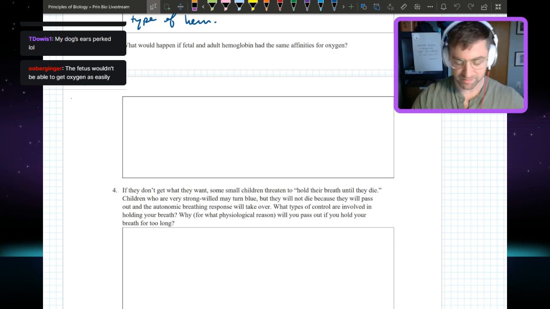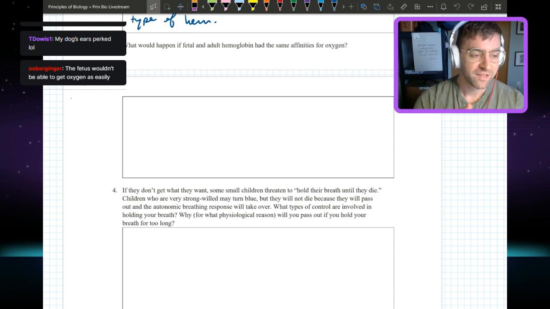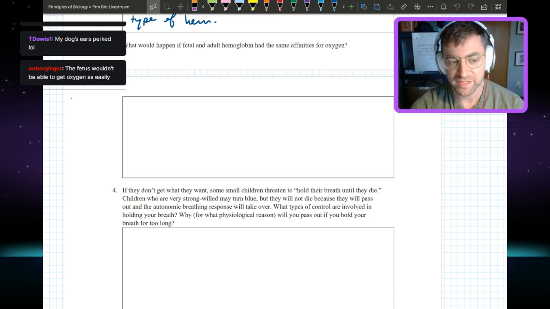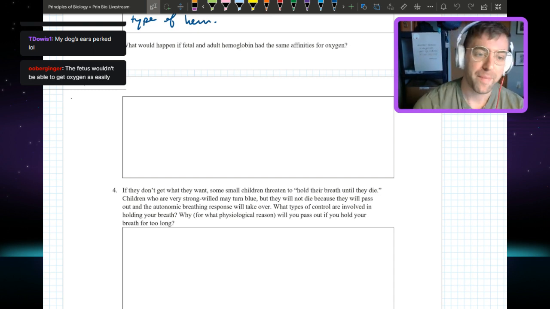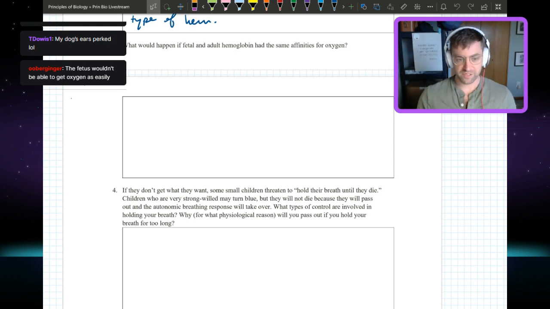In the meantime, I'm going to go back to this conversation of circulation a little bit. So oxygenated blood from the mother's left ventricle passes through the other tissues before it reaches the placenta, right? So as a result, the partial pressure of oxygen in that mother's blood is going to be less than 100.